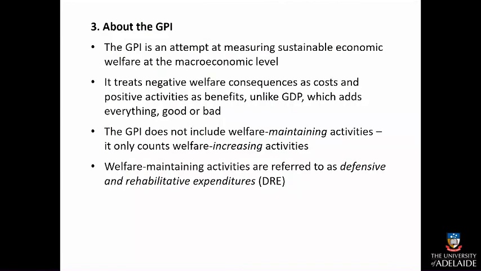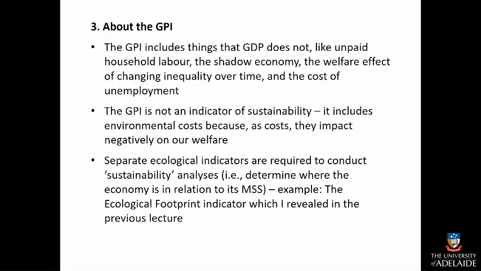That's not a welfare increasing activity, that's a welfare maintaining activity. It's part of the GDP because GDP is a measure of production, as I'll talk about soon, but it's not part of the GPI because it's not adding to the well-being of people in the Netherlands. It would be just maintaining it.